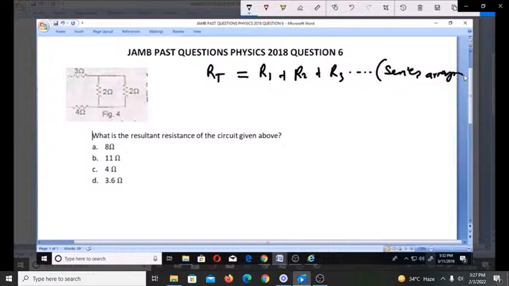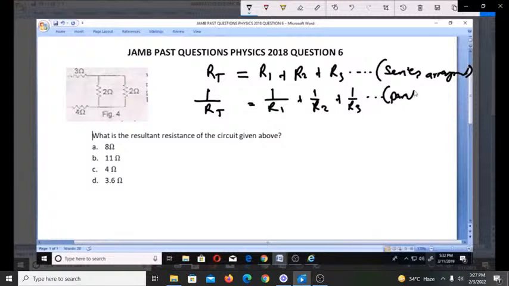If they are in parallel, 1 over R total is going to be 1 over R1 plus 1 over R2 plus 1 over R3. So this is for parallel arrangements. So these are the two formulas for calculating.